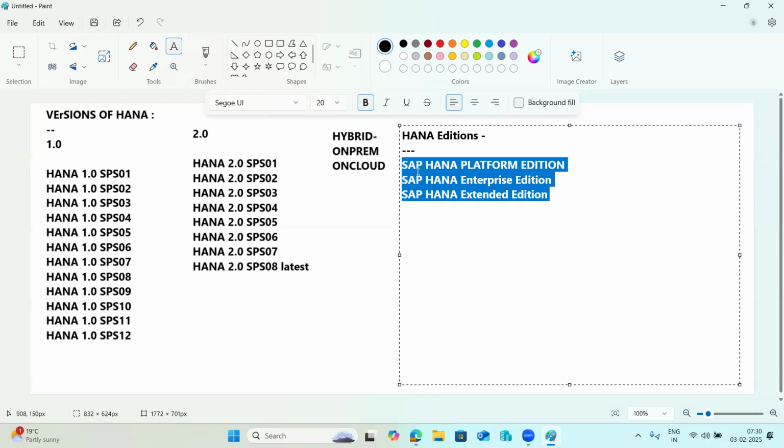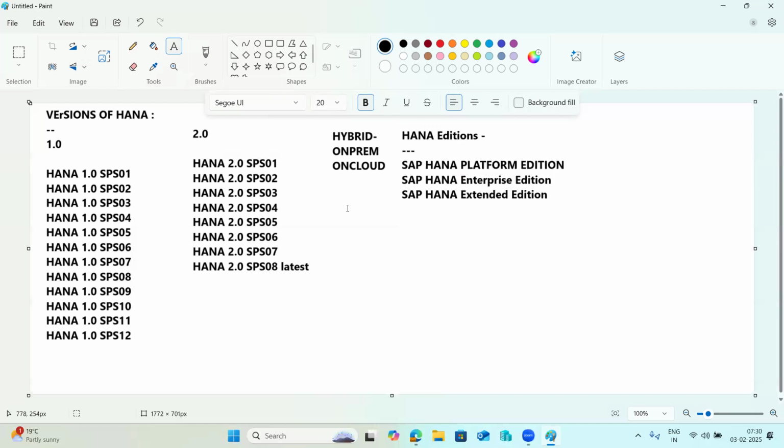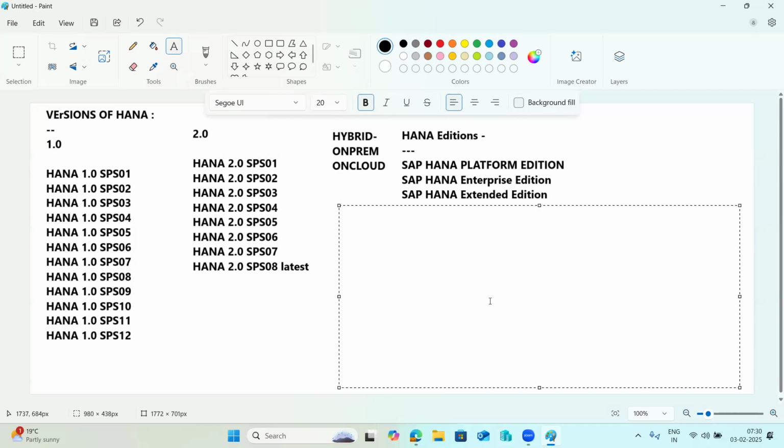In the HANA platform editions, what are the latest functionalities? What are the differences between these three editions here? If I talk about the platform edition, you will get the core database technology.